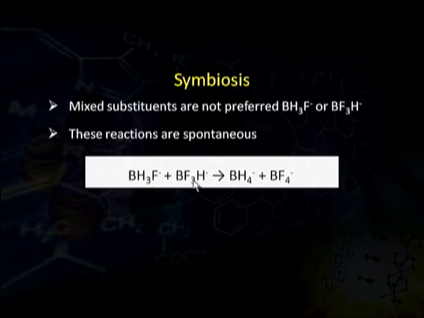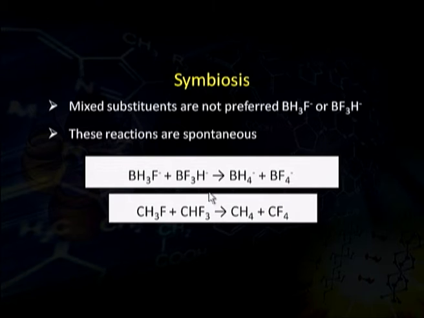These 2 reactants react with each other to form BH4 minus and BF4 minus. The reaction is spontaneous because the mixed substituents reassemble themselves so that a center is attached to one type of substituent. So, we have BH4 minus and BF4 minus.